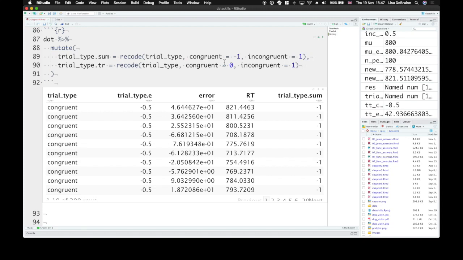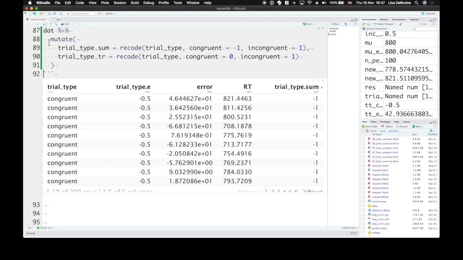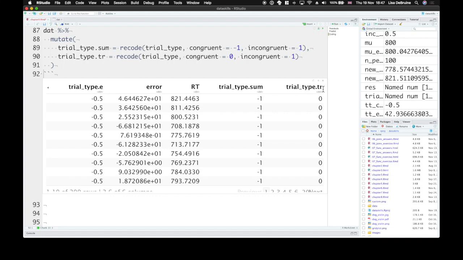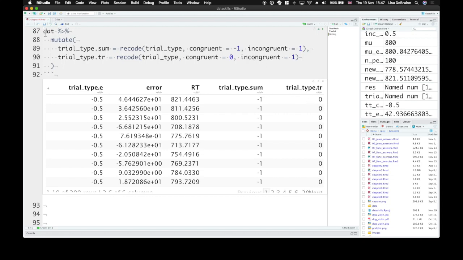Now this doesn't really make sense. Congruent and incongruent don't really have a baseline or a control group and then a treatment group, but we can code them in this way, treatment coding. And so that sets these to 0 and 1. Let's redefine the table dat here.